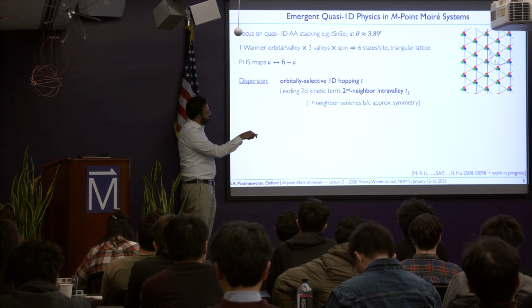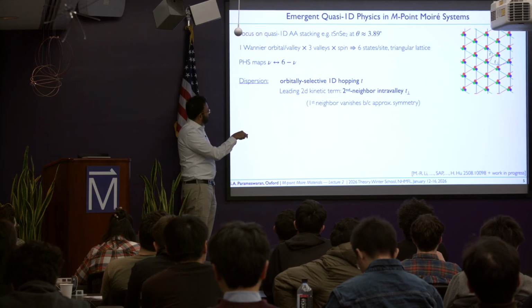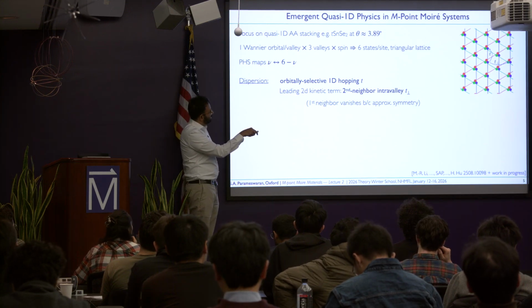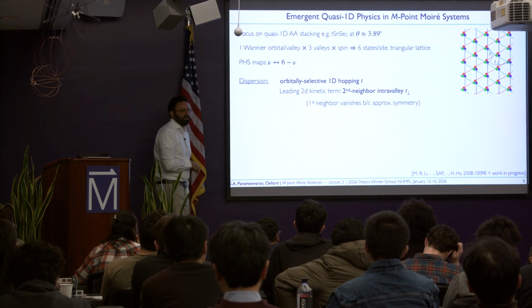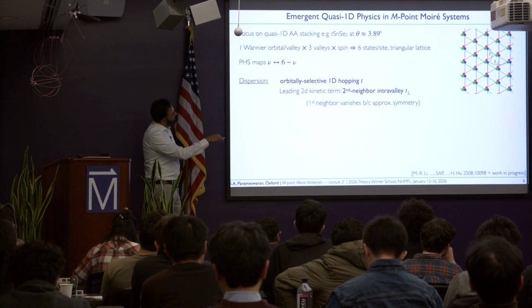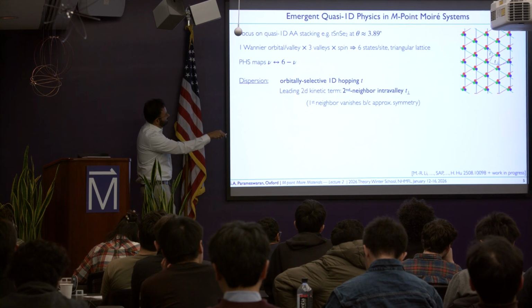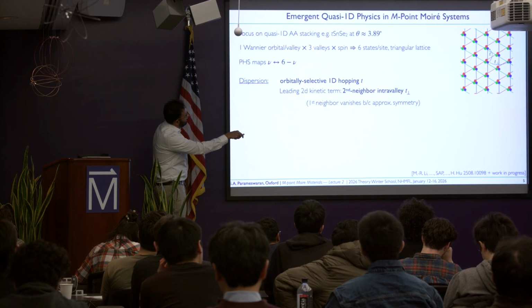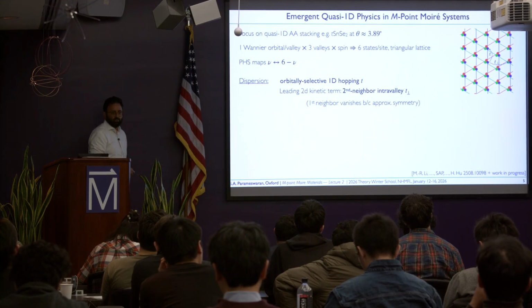So you could ask, well, if I want to go to the second neighbor term this way, it turns out that vanishes. So any 2D term in the red sublattice, what about a 2D red to red hopping along this direction? It turns out that's forbidden by one of these non-symmetric symmetries. So the leading second order term for the reds is to actually go a second neighbor over. So that's this. So for instance, the blues go that way, the reds go that way, and so on. I'll sketch these out in more detail in a second.